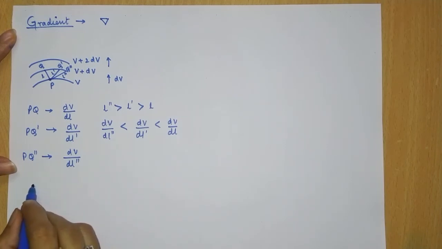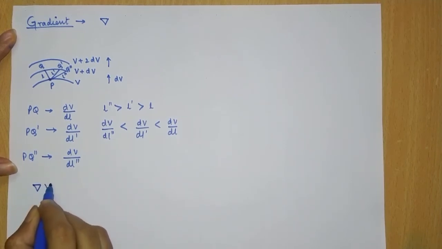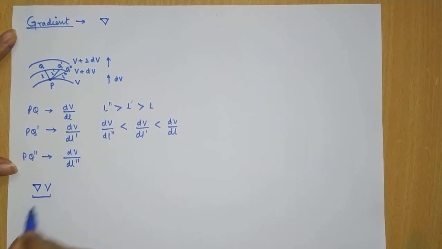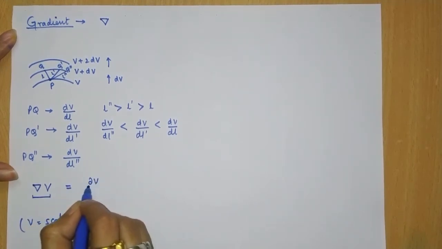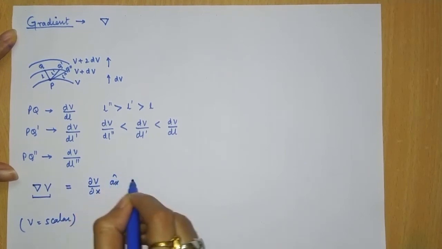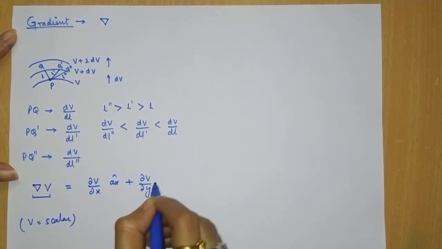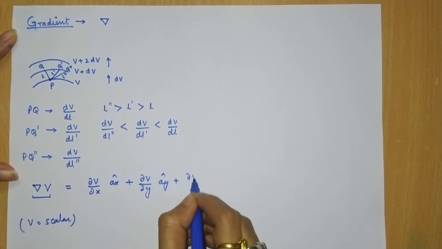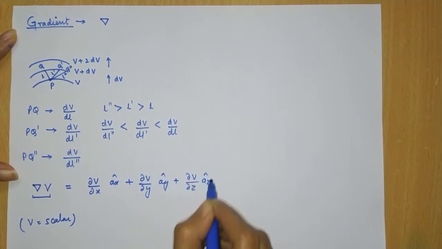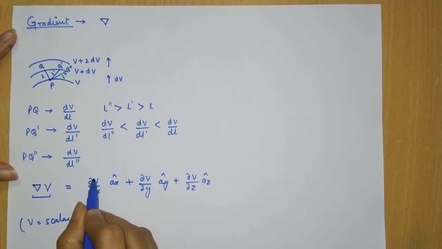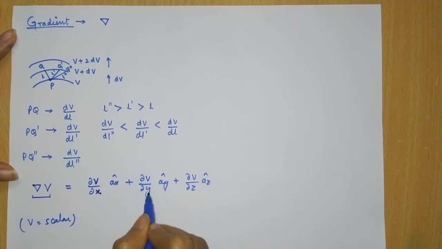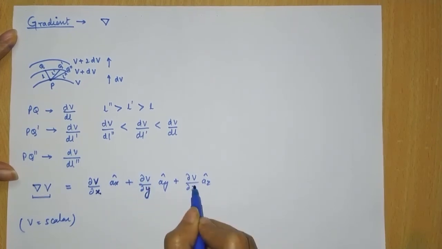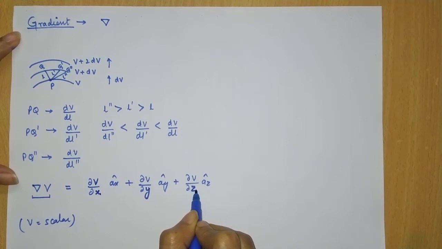Now how to represent this gradient? Suppose grad V. Remember, V is some scalar quantity. We write it as del V by del X Ax cap, plus del V by del Y Ay cap, plus del V by del Z Az cap. This is partial derivative of the scalar quantity V with respect to X. This is partial derivative with respect to y, and this is partial derivative with respect to z.